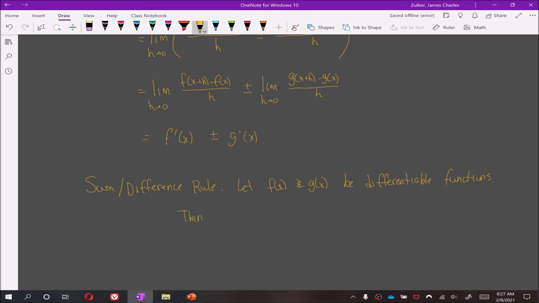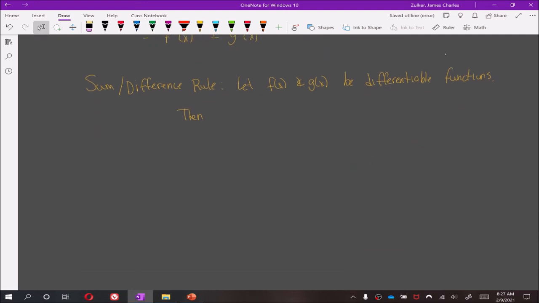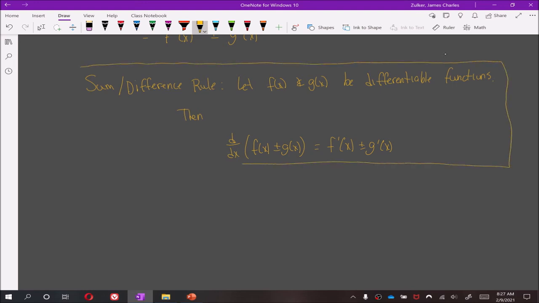Then the derivative of f of x plus or minus g of x is f prime plus or minus g prime. So the derivative of a sum or difference is the sum or difference of the derivatives.